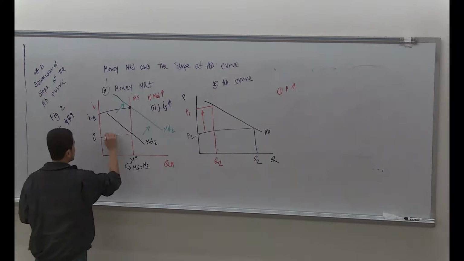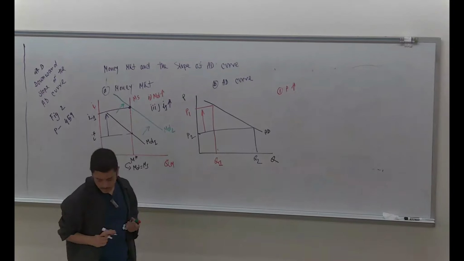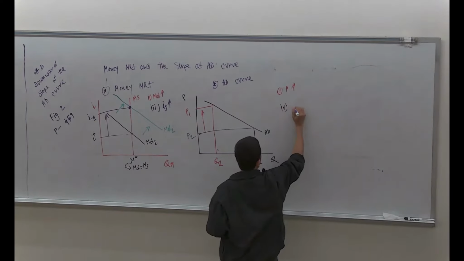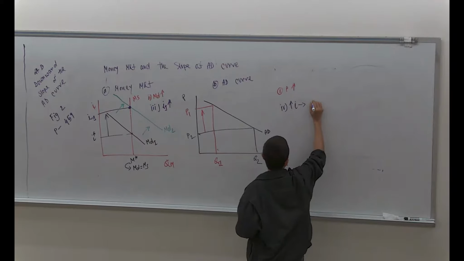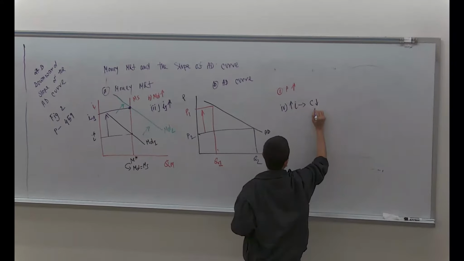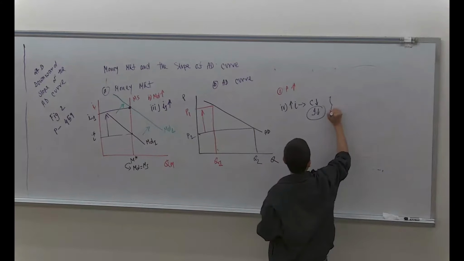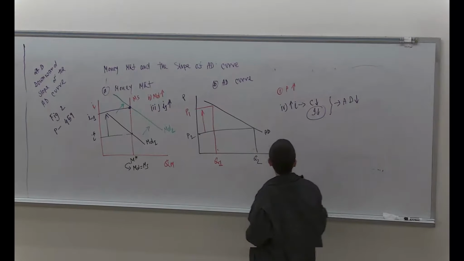And I told you in the last class that when the interest rate increases, consumption falls, investment falls, especially investment, which is the most important one. Then aggregate demand falls. This is the final effect.